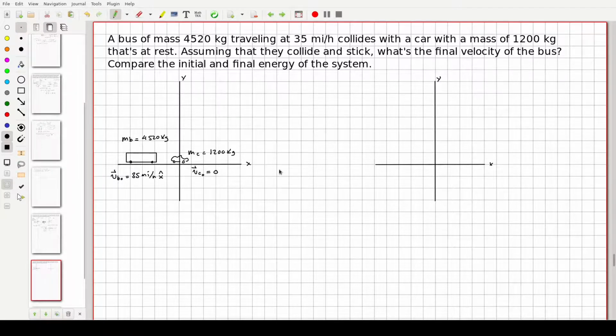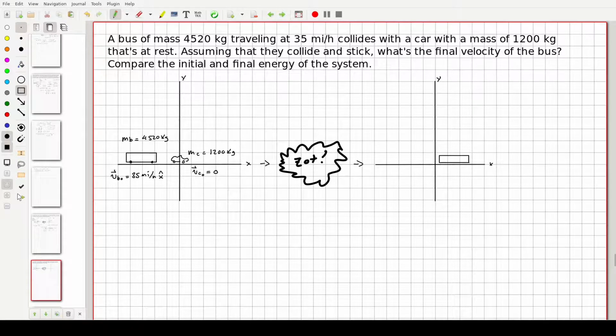So let's get our special effects. We'll use Zot. That's a good Batman effect. So your bus and your car zoom off to the right as a composite object.